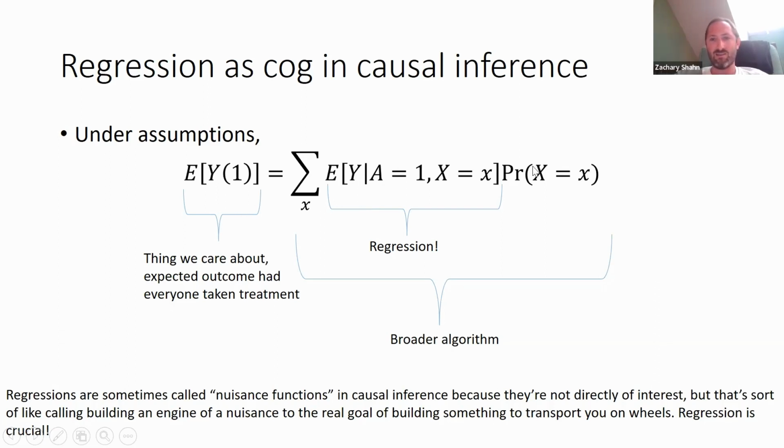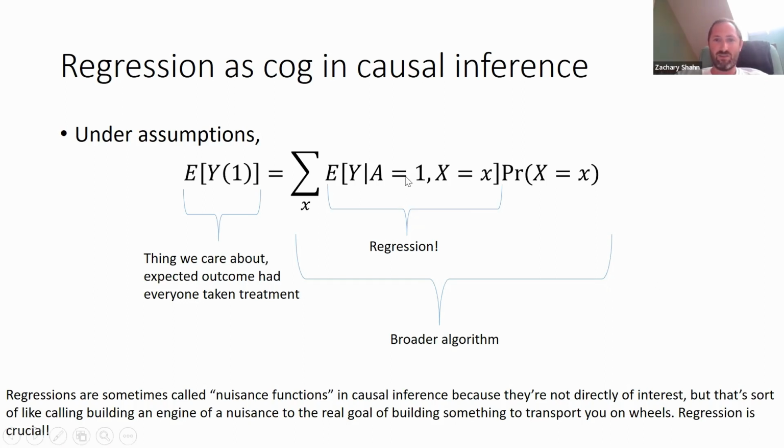So it's the sum over x of this thing. And this is a conditional expectation right here, right? So it's a regression, or you can estimate it with a regression. But that's not the end of the story, because you need to embed it in this larger sum to get the causal effect. So this is an example of regression being a cog in a machine to do what you care about doing, but not being the extent of the machine itself.